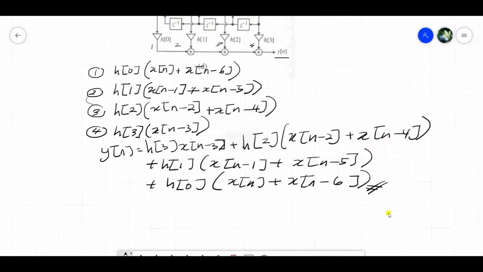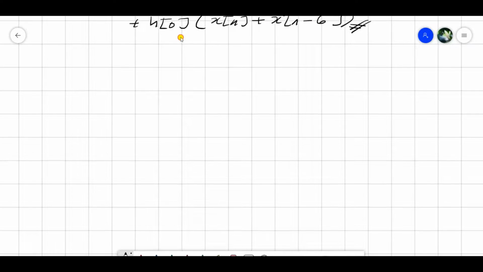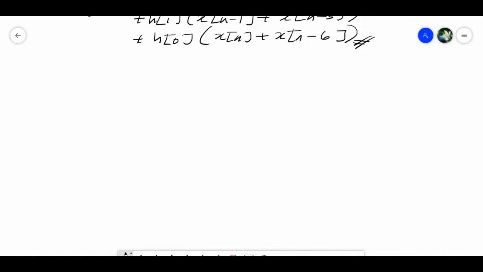Okay, so let's look at another diagram, schematic.